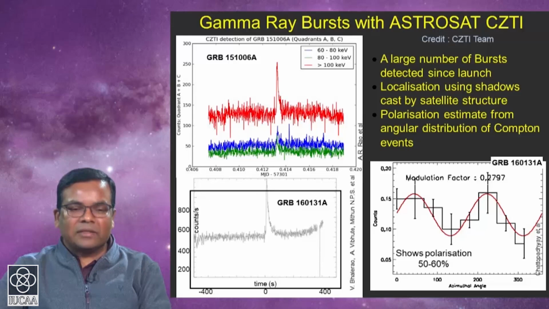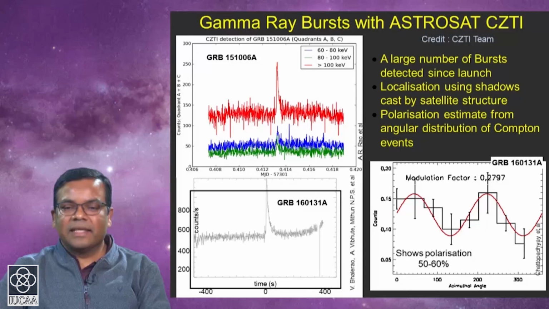In this view graph, I show some results from the CZTI instrument. As I had mentioned, the CZTI is an excellent hard X-ray monitor. Therefore, it has detected a large number of gamma ray bursts since launch, and localization of these gamma ray bursts is achieved using the shadows cast by the satellite structure.